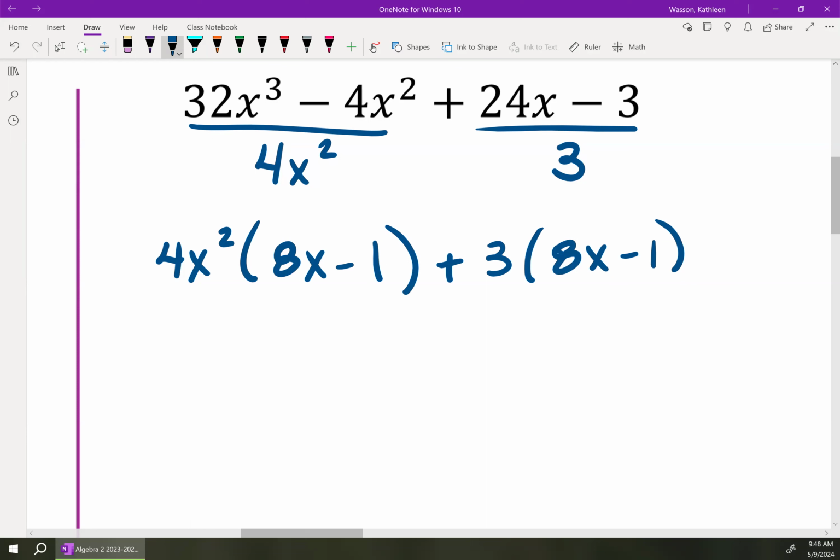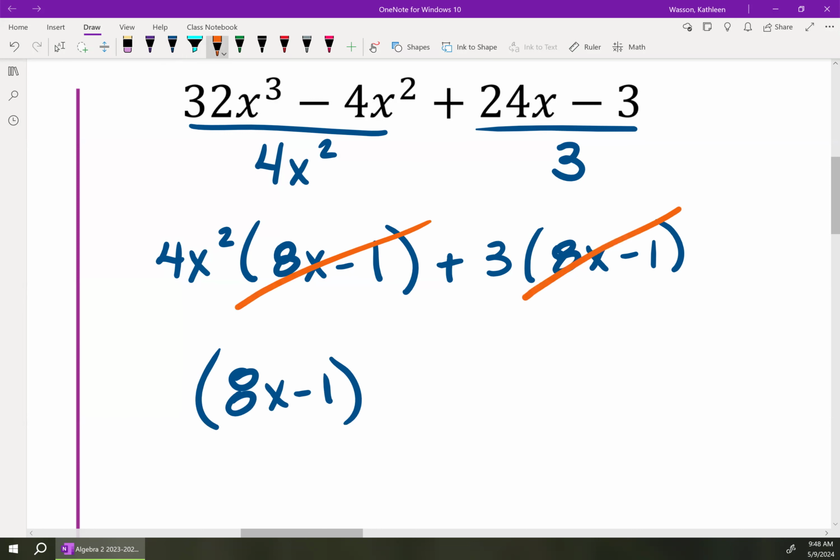And I can see there's a common binomial. Both terms have 8x minus 1. So 8x minus 1 will be one of my factors. And my second factor will be what remains when I take the 8x minus 1 out. I mean, I just wrote it in the previous example.